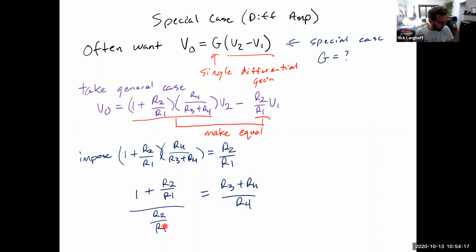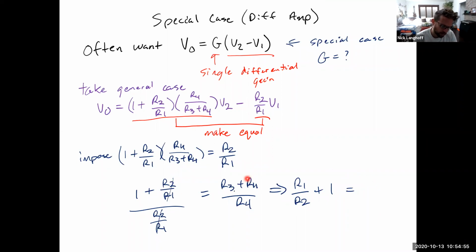So what we get then, if I rewrite this, is that this is R1 over R2. Notice that the R2 over R1 cancels here, and then the 1 over R2 over R1, they don't cancel, sorry, they become a plus 1. And this R2 over R1 in the denominator flips to become R1 over R2.